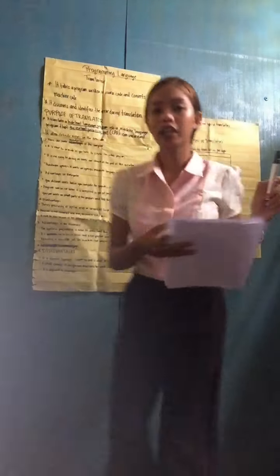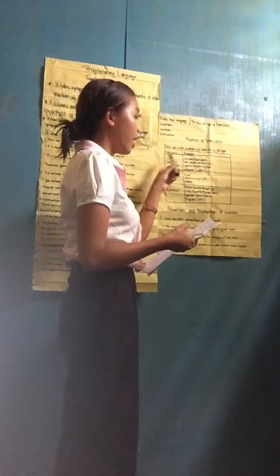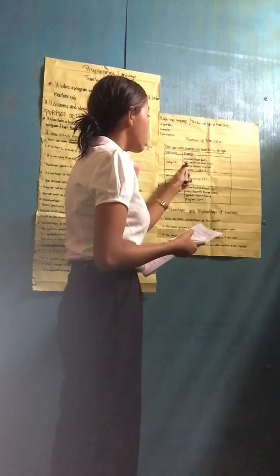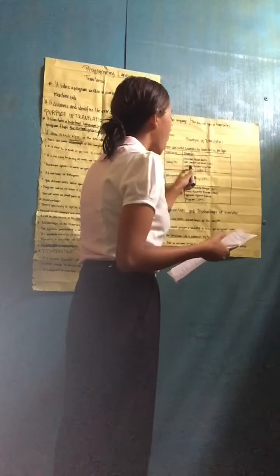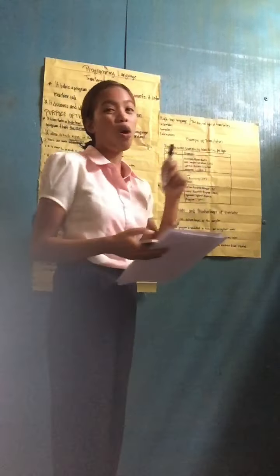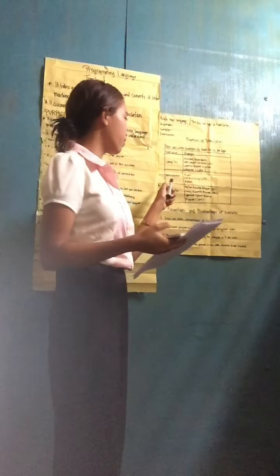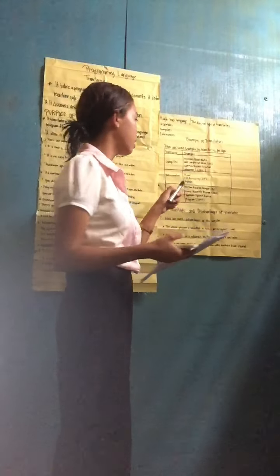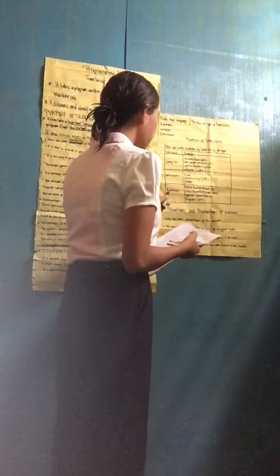First, for compilers, we have examples such as Microsoft Visual Studio, GNU Compiler Collection, or GCC, and Common Business Oriented Language, or COBOL. For interpreters, we have examples such as LISP, List Processing, and Python.